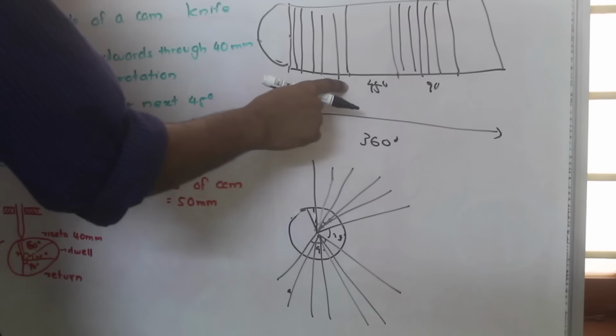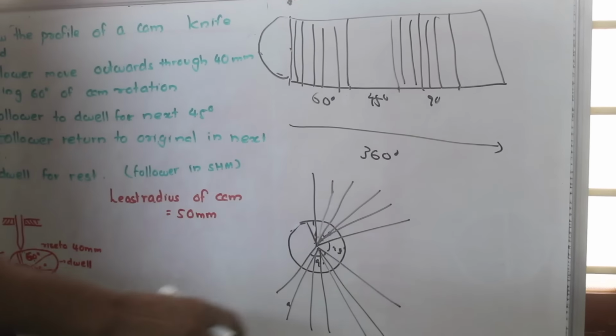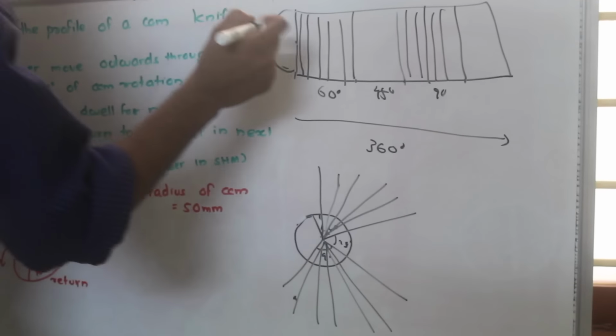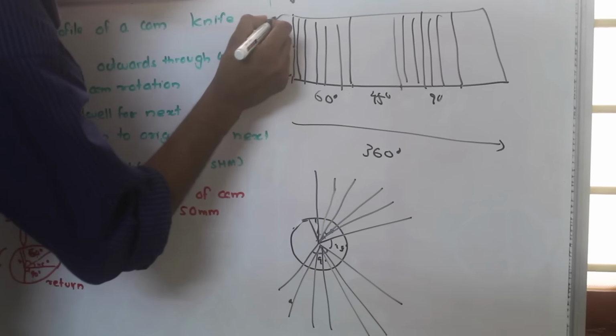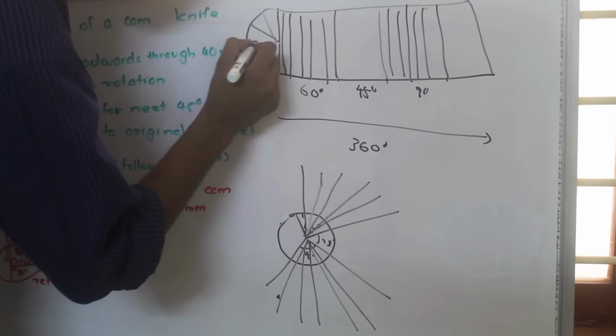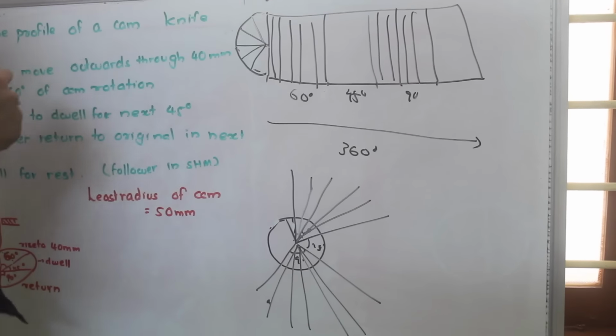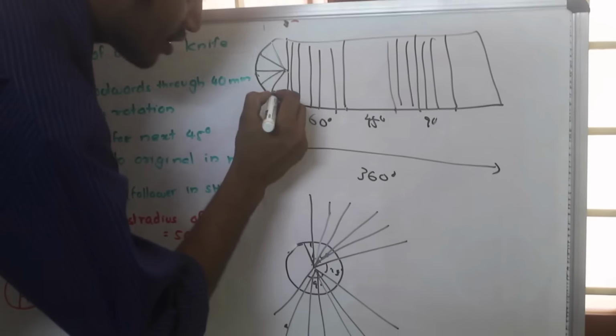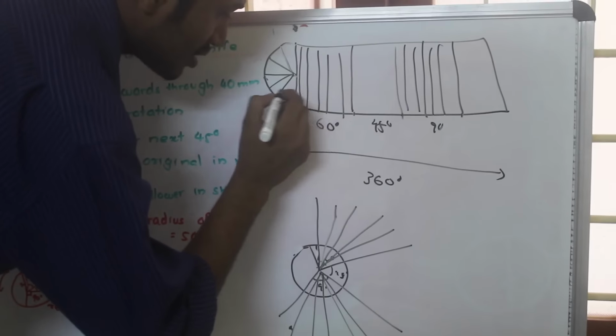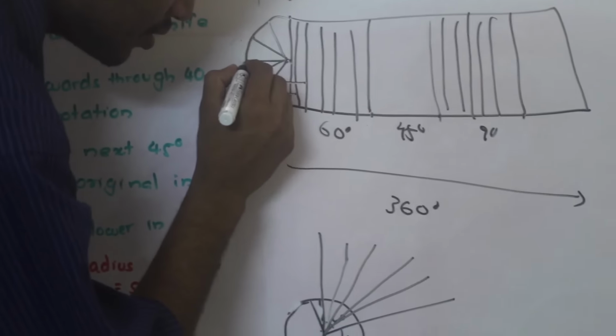During this 60 degree, our follower is following SHM. So we will divide this circle into 6 parts. These are the 6 parts, and the projection of these points will be found.